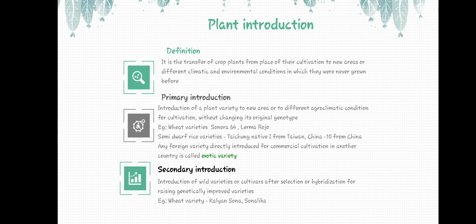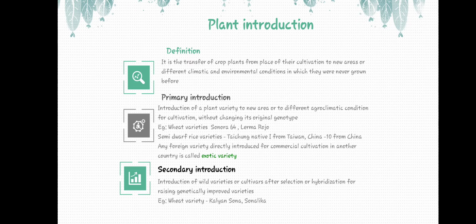Okay, now what is secondary introduction? Introduction of wild varieties or cultivars after selection or hybridization for raising genetically improved varieties is called secondary introduction. Here what we do is we select the best out of what we have introduced, or we hybridize them.